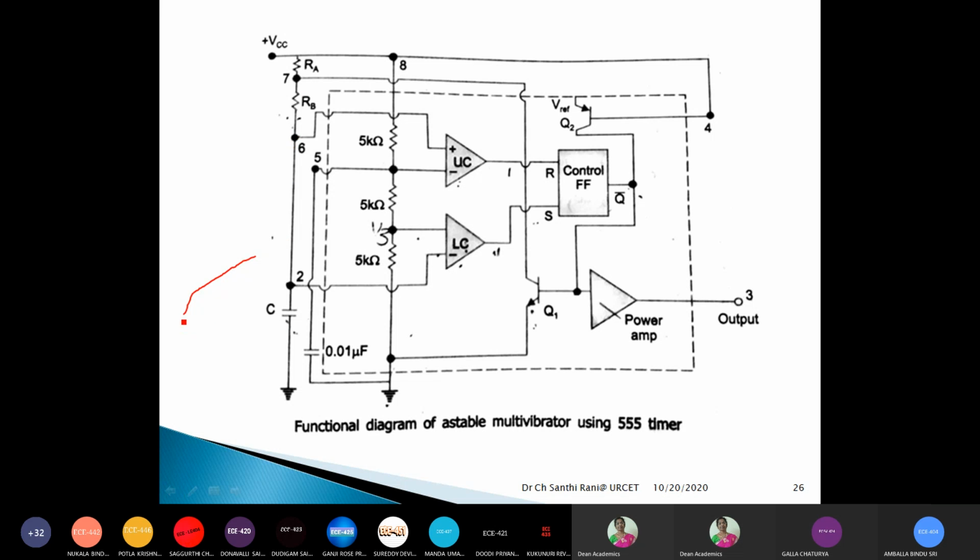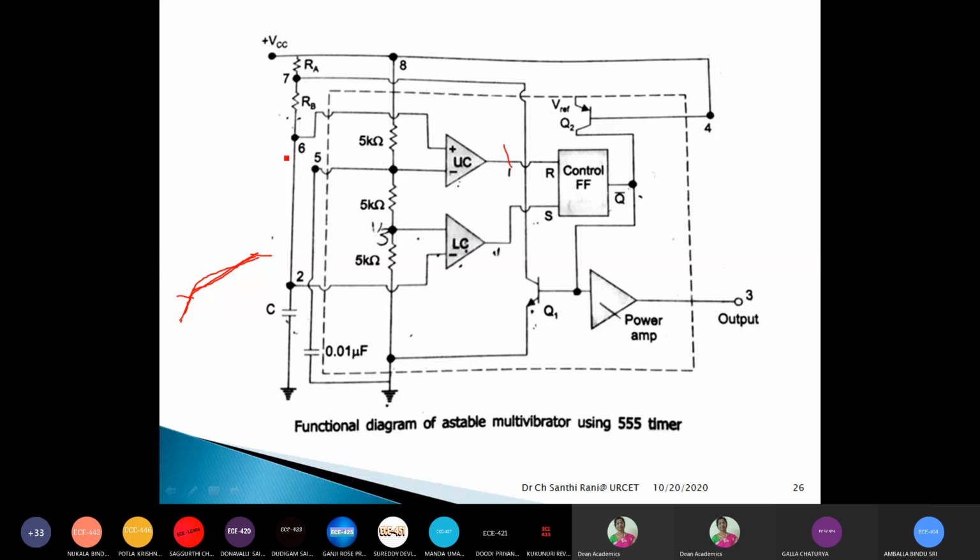Depending on the values of resistor R and C, it will be slowly charging. So when the capacitor voltage reaches some voltage here, the lower comparator will give its output, and when the capacitor voltage, slowly charging, reaches another voltage, that is 2/3 VCC, the upper comparator will give its output as 1.